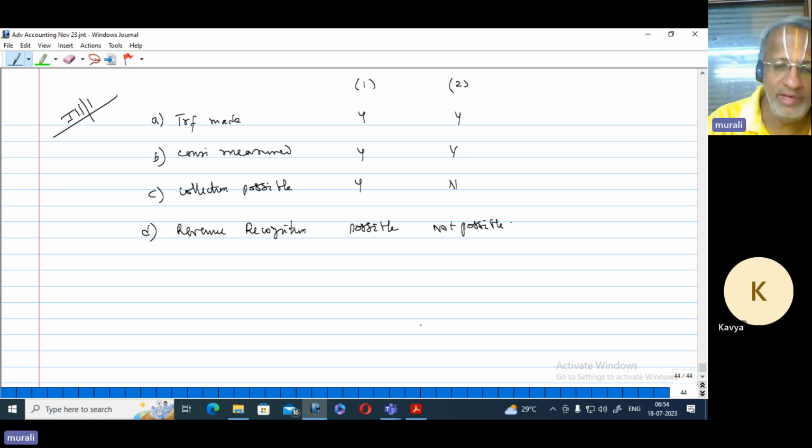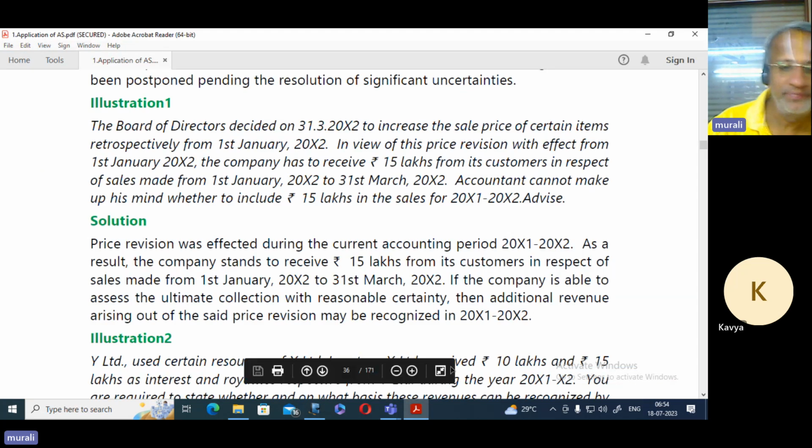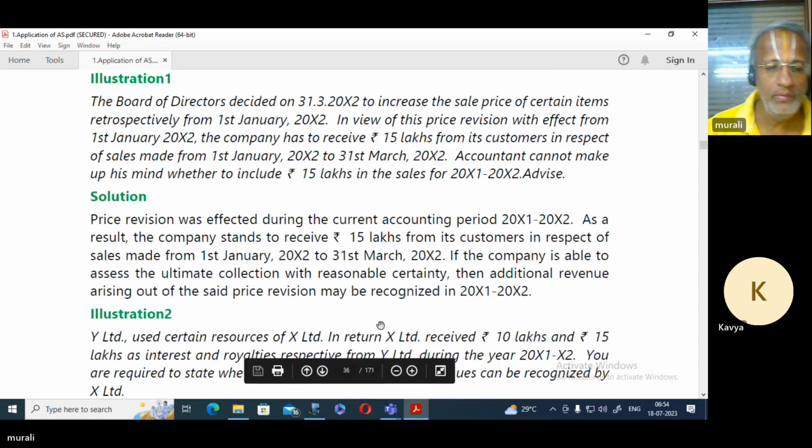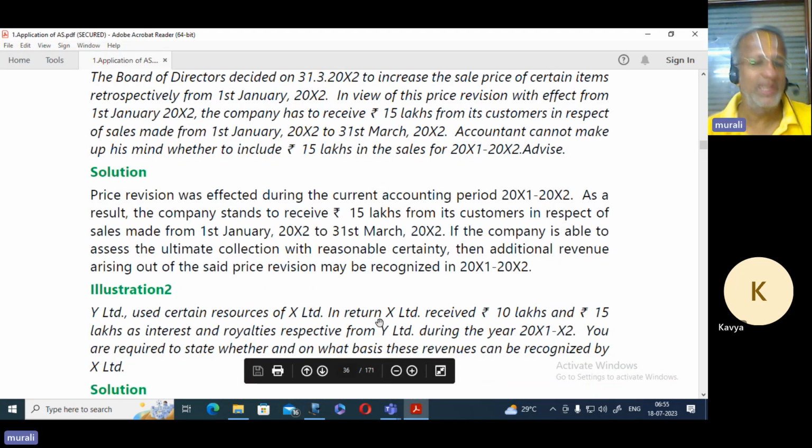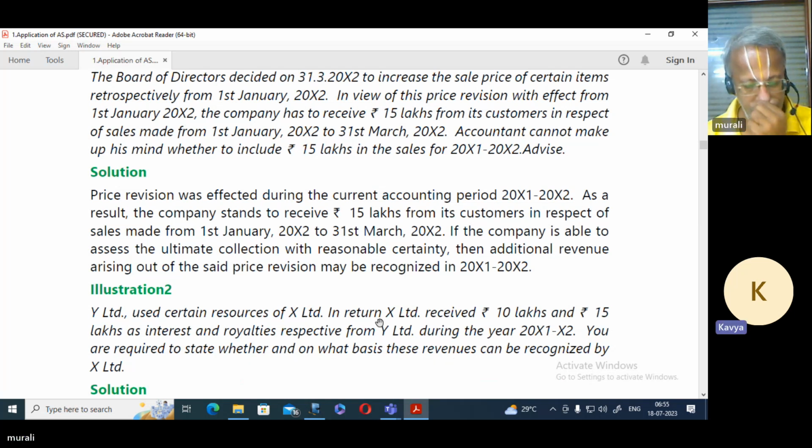So this is the way you got to answer this question. Now take the second one. Please read the second one. Y Limited used certain resources of X Limited, in return X Limited received rupees 10 lakhs and rupees 15 lakhs as interest and royalties respectively from Y Limited during the year 20X1 to X2.